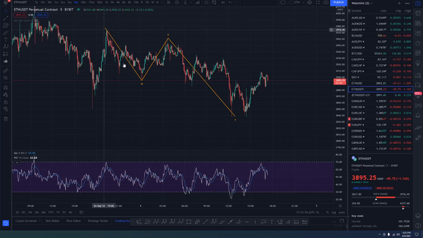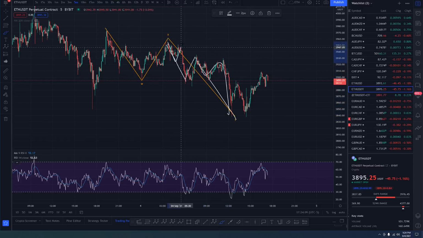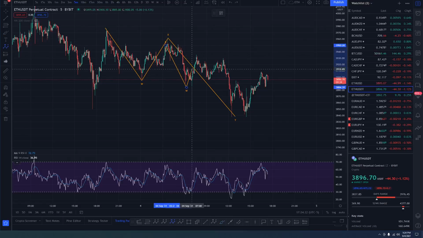And it's 3 waves. So I got a 3 to start, a 3 for the second wave. Now this looks like a really big wave there, but can you see 3 in it? Sure you can. A 3, a 3, and a 3. See that 3 right there? And that 3 right there? And that 3 right there, that's a 3, 3, 3. That's a WXY in and of itself for that last wave. So that Y wave is a WXY all by itself. That's how we would label that.